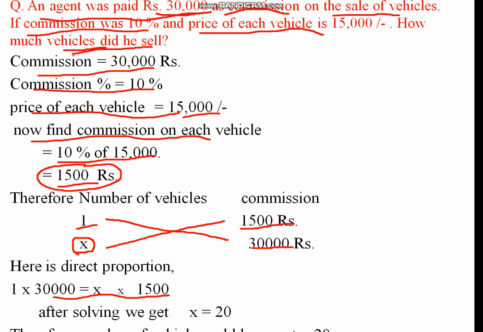The 1,500 is multiplied on the right hand side, so to the left it will divide, and after dividing we get the answer X is equal to 20. Therefore, the number of vehicles sold by the agent is 20. So we solved this example using the concept of direct proportion and rate of commission.